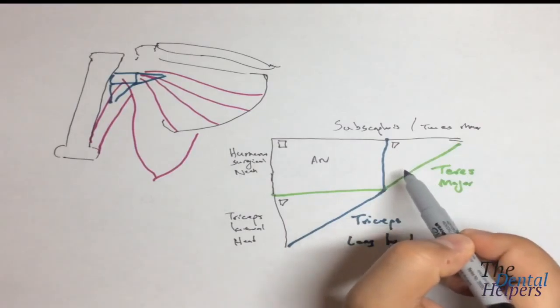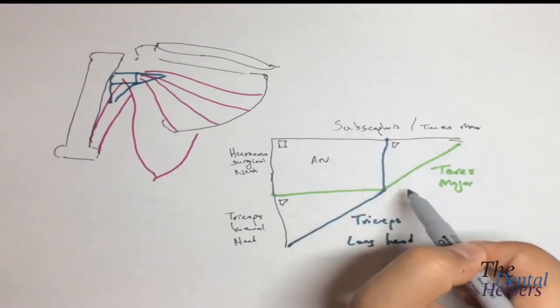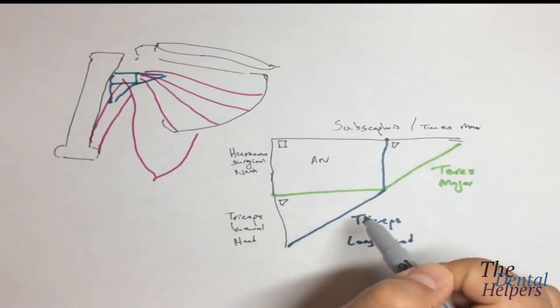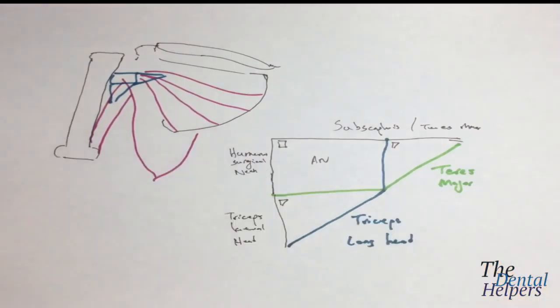Same thing applies right here, where we have the long head, the teres minor, and the subscapularis on the medial triangle. And this is kind of an easy way of memorizing them, instead of trying to like break it down all the way.